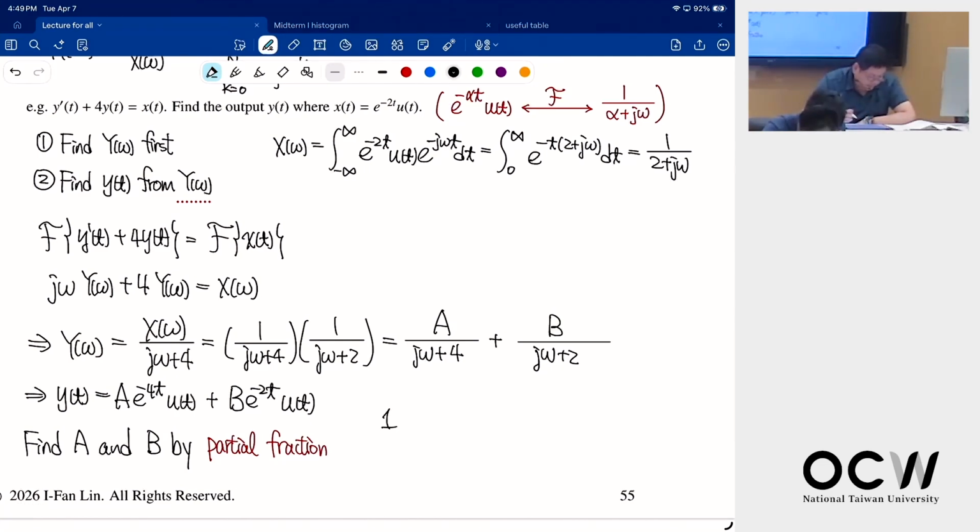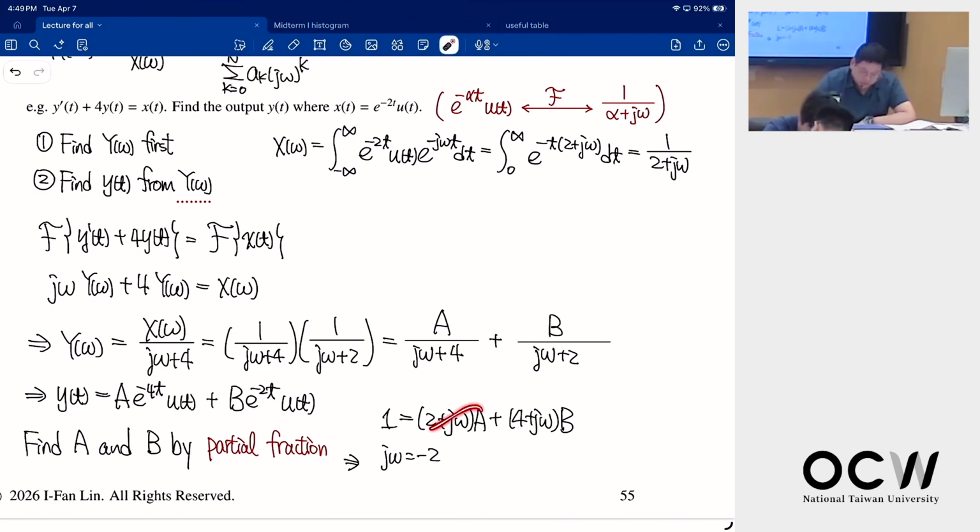So 1 will be 2 plus j omega times a plus 4 plus j omega times b. So you'll get, let's just fill in, say j omega equals minus 2.